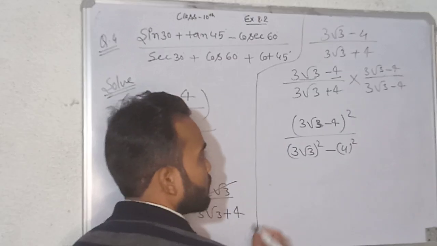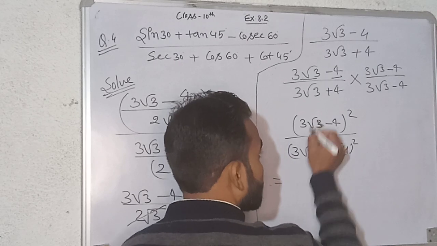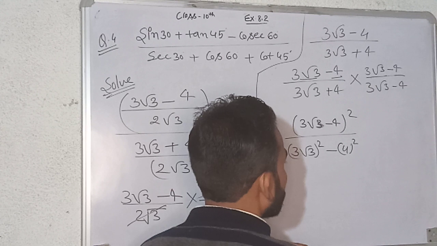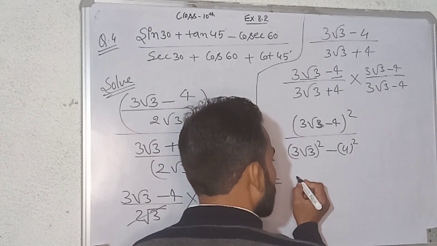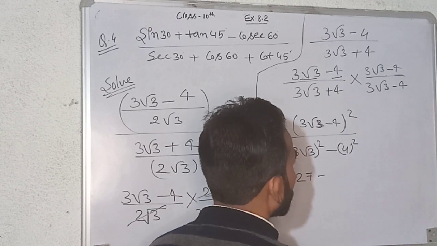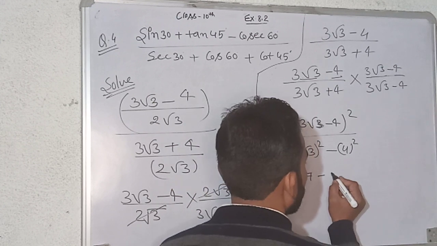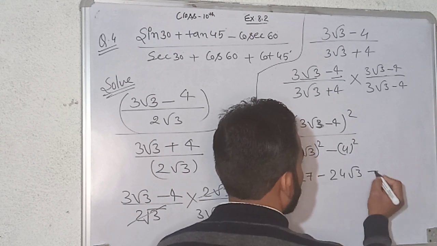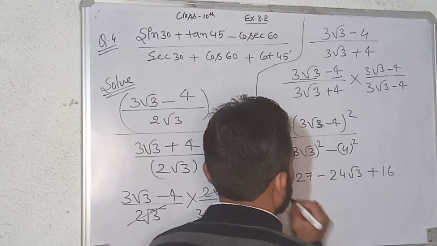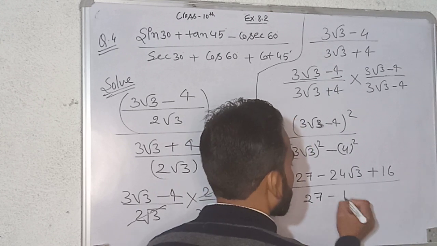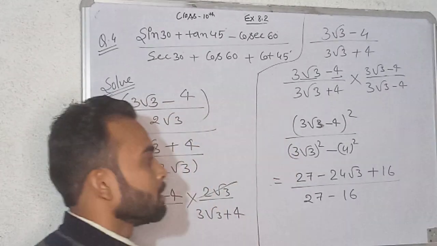Clear? Now a square minus 2ab plus b square: 3 3s are 9, 9 3s are 27, minus 2ab, 4 2s are 8, 8 3s are 24 root 3, plus 16, upon 27 minus 16. Clear? Any doubt?